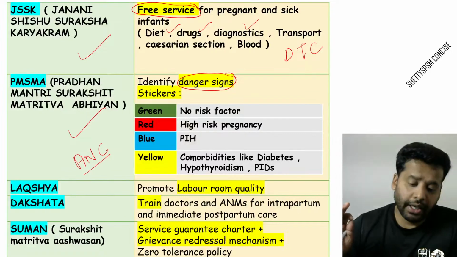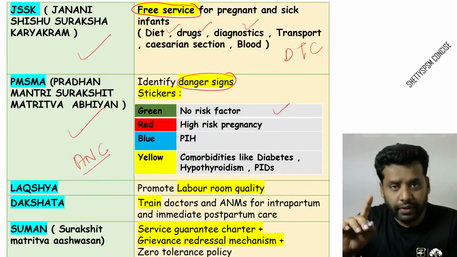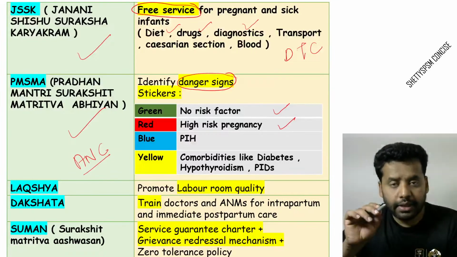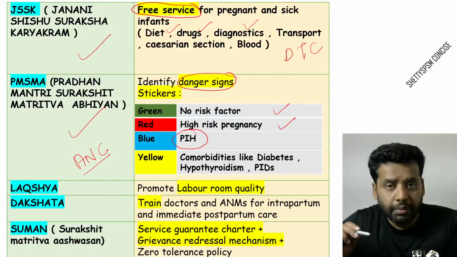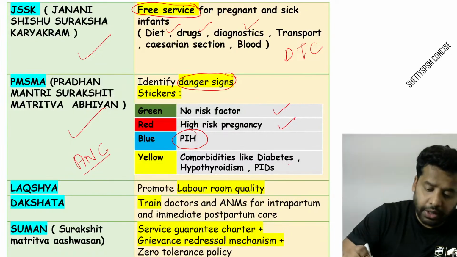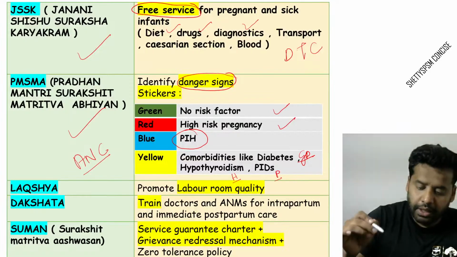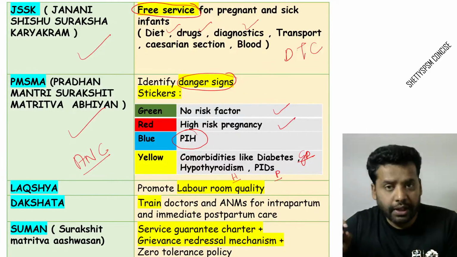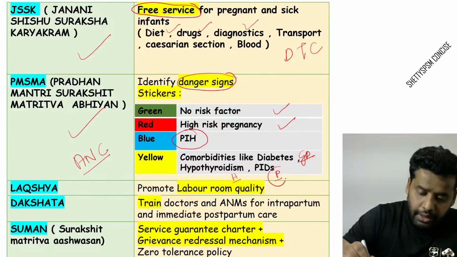Stickers will be given indicating the condition. Green, no risk factor. Red, high risk pregnancy. Blue sticker is separately given for pregnancy induced hypertension. Yellow sticker for 3 things: gestational diabetes, hypothyroidism, pelvic inflammatory diseases.